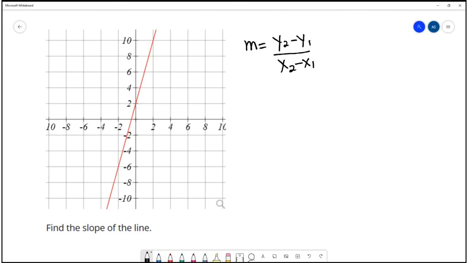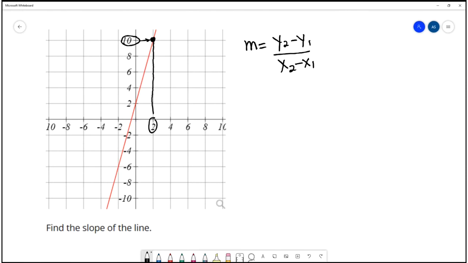So what I'm looking for to identify 2 ordered pairs is a place where my grid intersects, so I can very clearly see an x value and a y value.